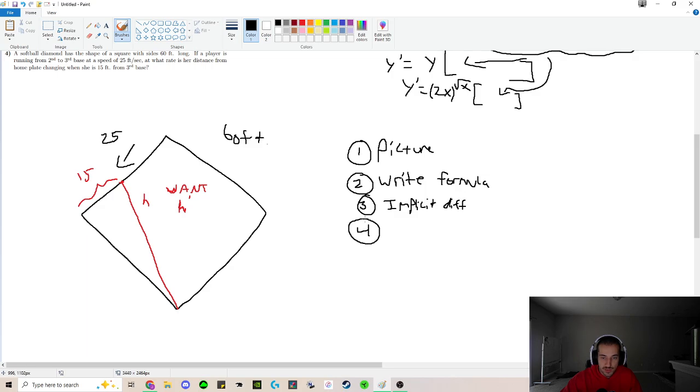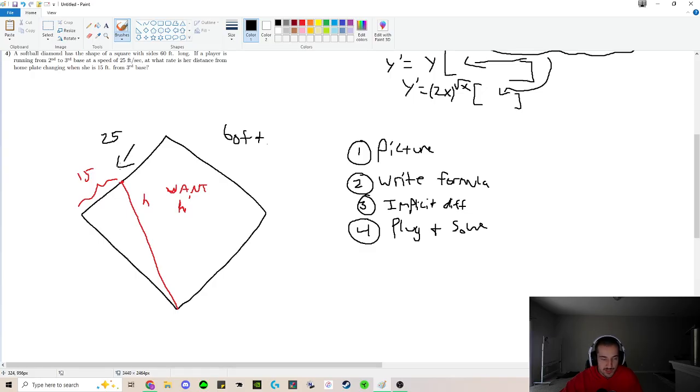Step four is plug in and solve. So we've got our picture. Step two, we're going to write our formula. What formula is going to play nicely with h, this guy that we're trying to solve for here? Well, clearly the Pythagorean theorem, right?